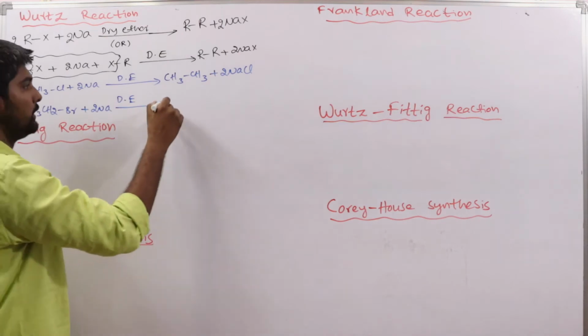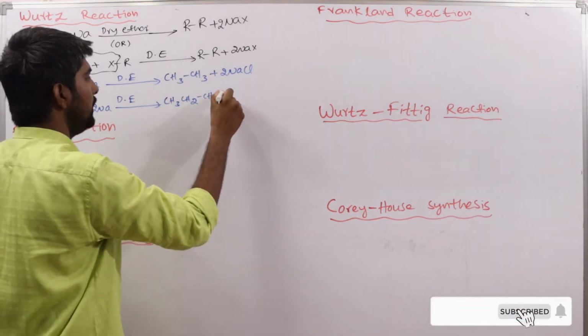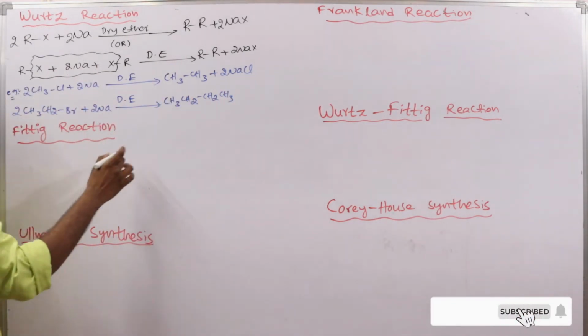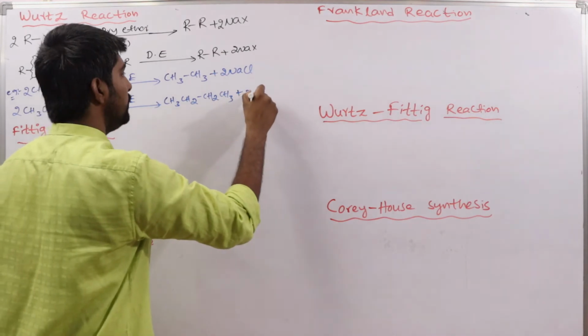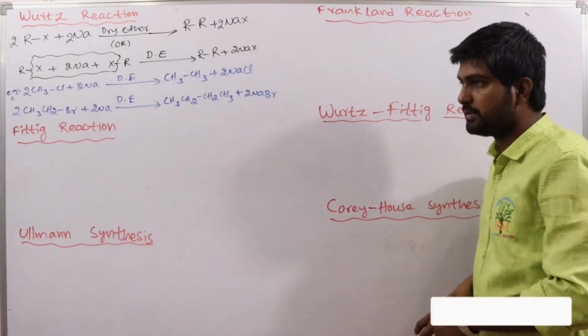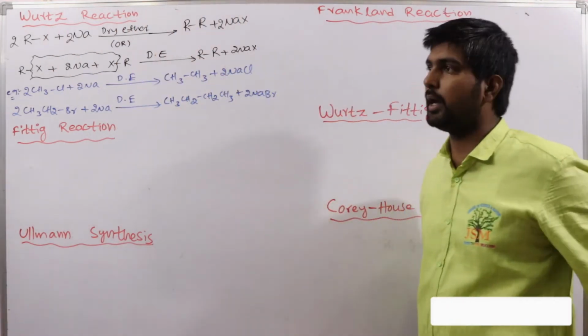Here the product is CH3CH2CH2CH3, written like this for understanding purposes, plus 2 moles of sodium bromide. If you observe these reactions, you should remember only the general reaction.